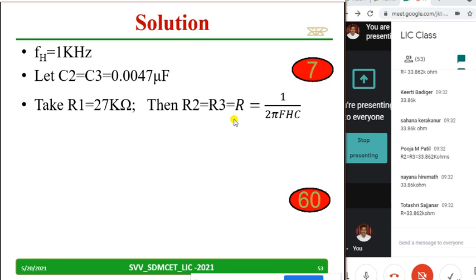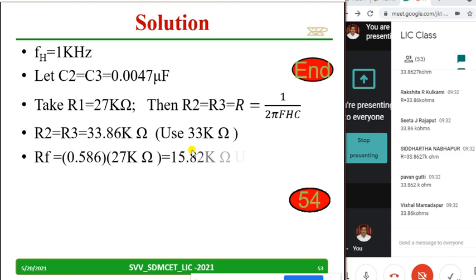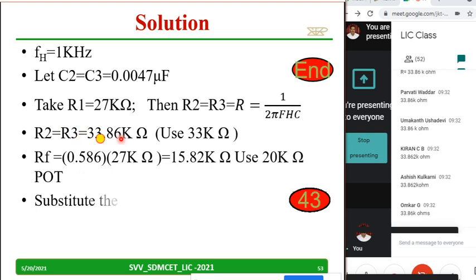Okay, Totashri, Sahana, Kirti, Pooja, Nayana, all are getting same answer. And let me show my answer also. Vishal, Mamdapur, 33.8. Okay, let me check. Yeah, I too got the same answer, 33.86 kilo ohm.